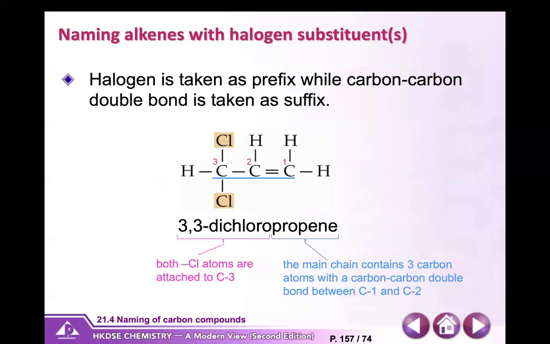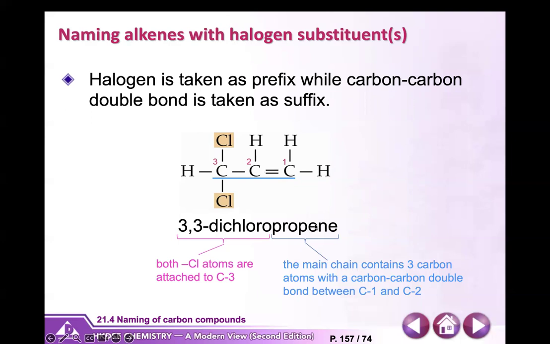If there are other substituents, let's take chloro groups as an example. The functional group should be arranged first, that is, it should take the lowest number instead of the substituents. So the prefix, we will assign it as dichloro because we have two chloro groups attached to the third carbon, and the first carbon has the CC double bond.